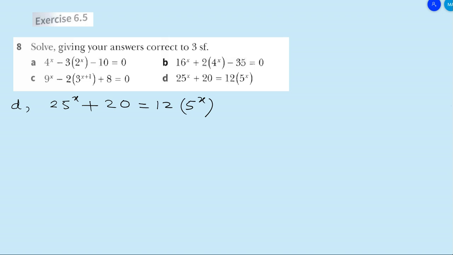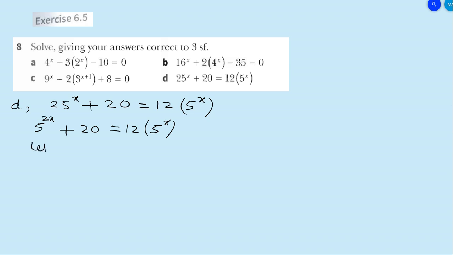25 to the power x plus 20 is equal to 12 into 5 to the power x. First write 25 as 5 squared, and this will be 5 to the power 2x, plus 20 is equal to 12 into 5 to the power x.